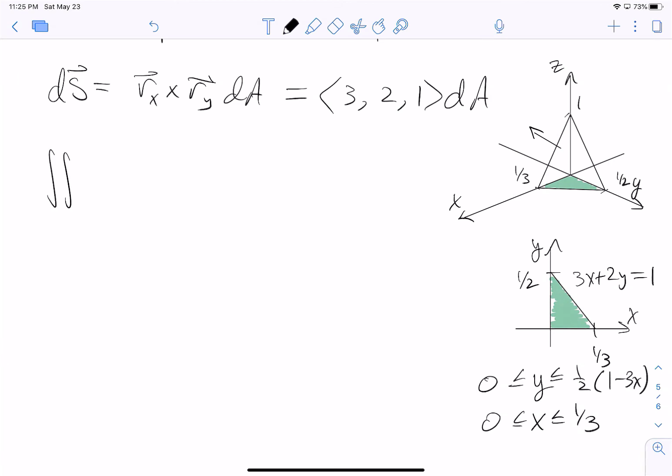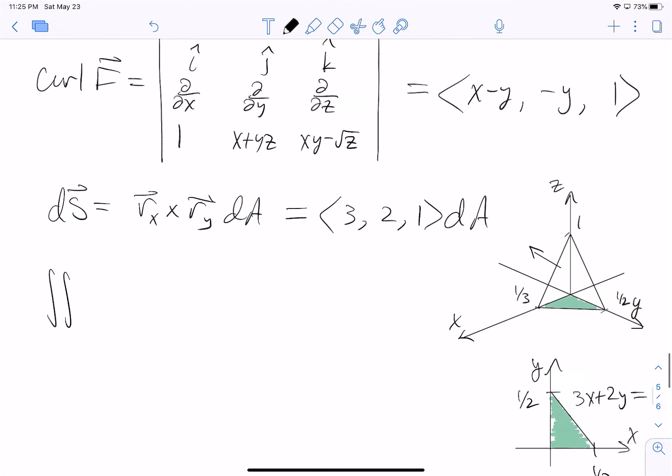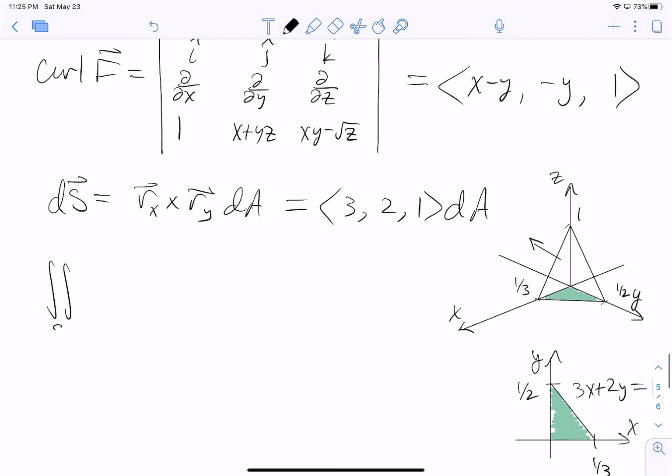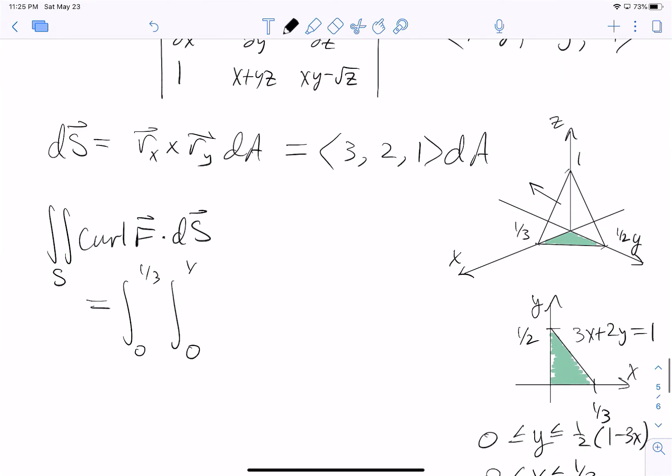Putting that together as an integral, the double integral over S of the curl of F dot dS is equal to the integral from 0 to 1/3 of the integral from 0 to 1/2 of (1 − 3x).